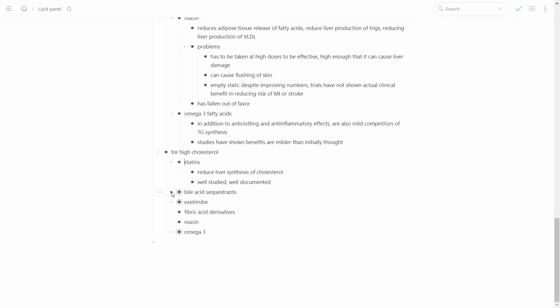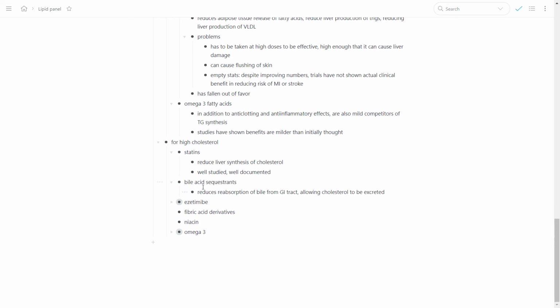And next up, you have bile acid sequestrants. As you know, cholesterol is excreted in bile and is reabsorbed in the intestine. So this medication reduces the reabsorption of bile from the GI tract, allowing cholesterol to be excreted in the stool.